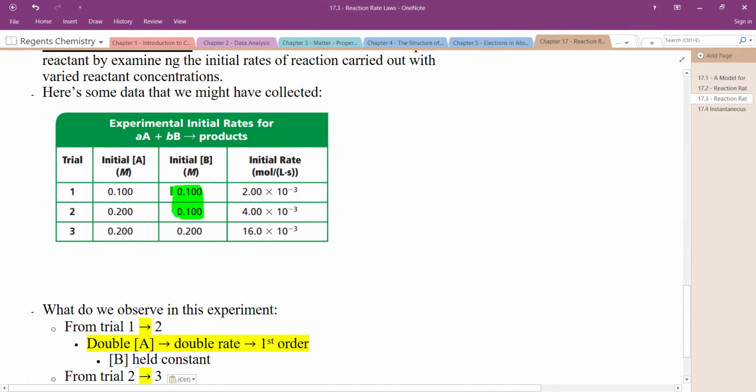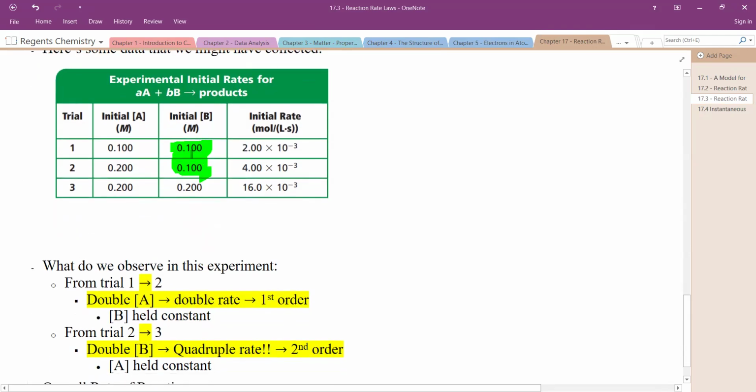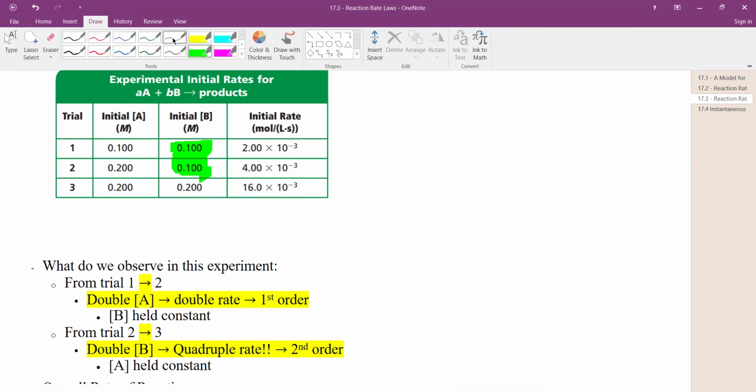So in this case, I am holding the concentration of B constant, and I am doubling my concentration of A. So from trial 1 to 2, I double the concentration of A. Well, what happened to my rate? I went from 2 times 10 to the negative 3 to 4 times 10 to the negative 3. That is a doubling of the reaction rate. So if I double my concentration and that doubles the reaction rate, we are in a first order reaction. So the reaction is first order with respect to A.